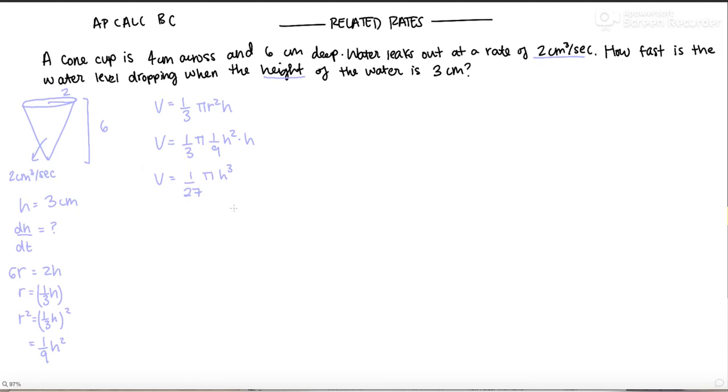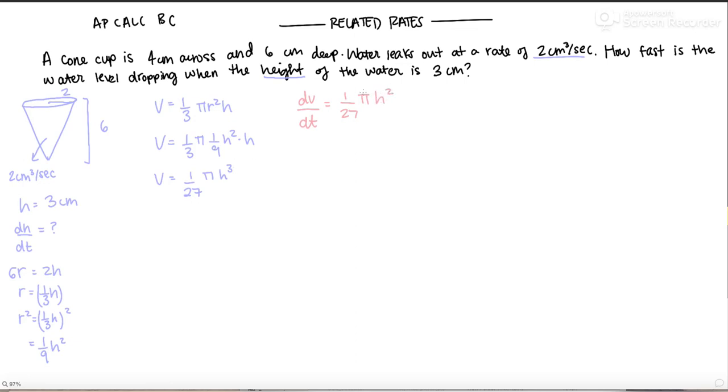So now that we have our equation in terms of 2 variables, our third step will be to differentiate in terms of t. So everything that we differentiate, we want to make it over t. So we have dV over dt equals 1 over 27 pi times h squared.